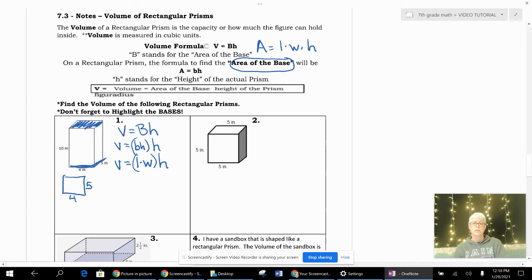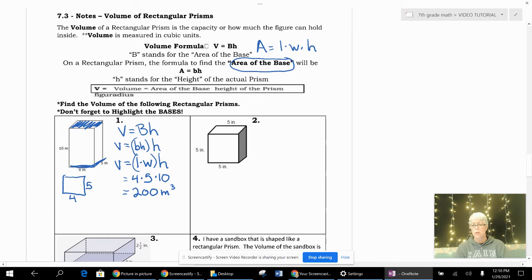All right, that looks a little bit more comfortable. So we're going to look for the length and the width of the base, which is 4 and 5, and then the height of the entire shape, which is 10. 4 times 5 is 20. 20 times 10 is 200. And it's meters, and we're going to say cubed.